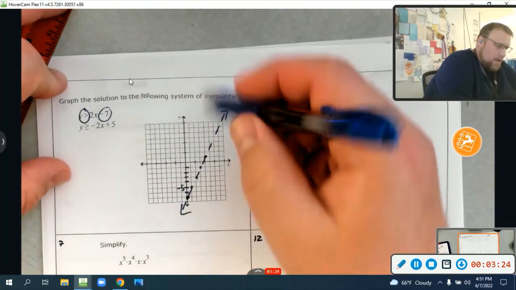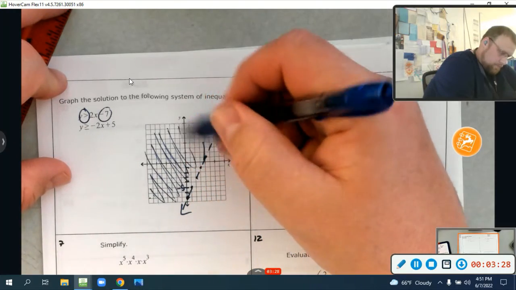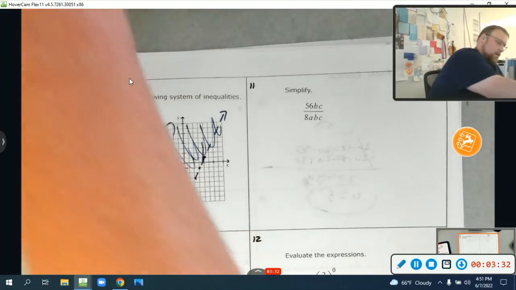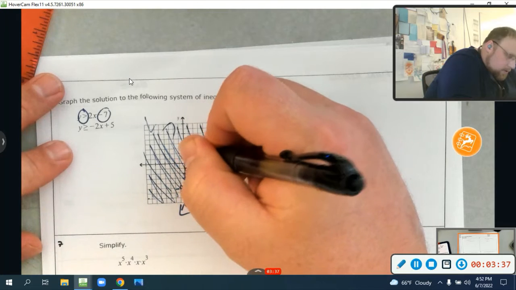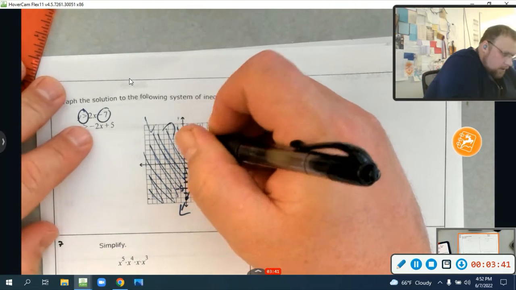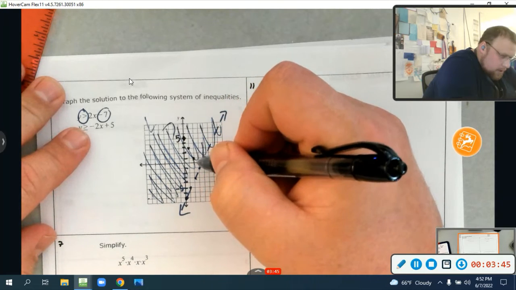It says greater than, so let's put my pin on the line, go up, shade that whole area in. Okay, now I'm going to get my other colored pen. Start value of 5 this time. 1, 2, 3, 4, 5. Right here. And it says -2, so down 2 over 1, down 2 over 1, down 2 over 1.